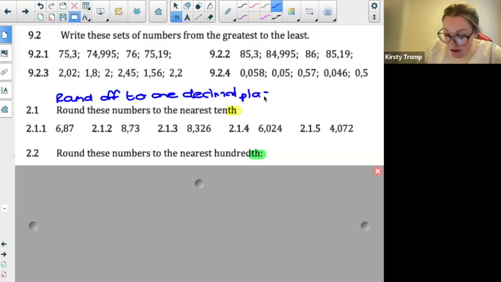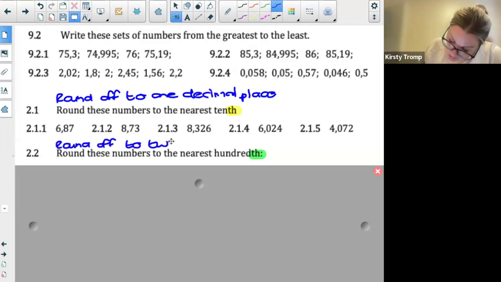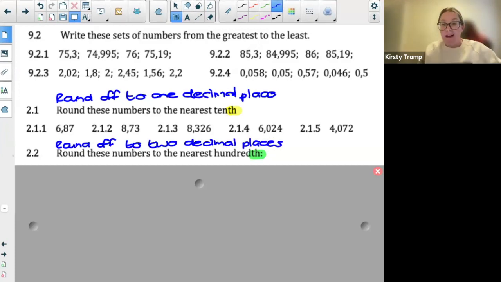So that's another way for them to say it. And if they're looking for the 100th, then they're going to say round off to 2 decimal places.